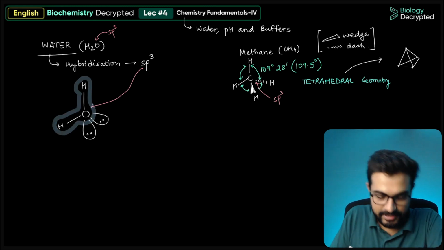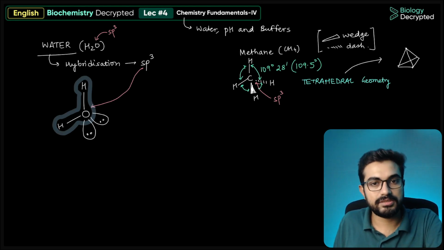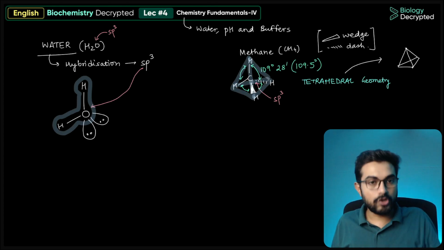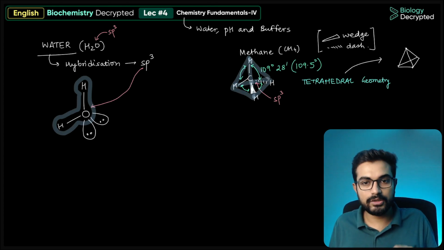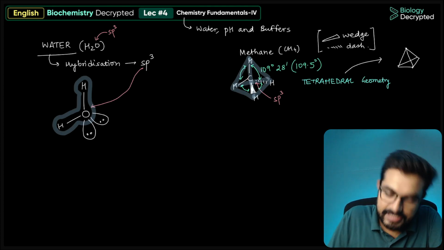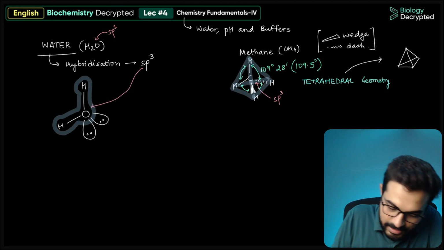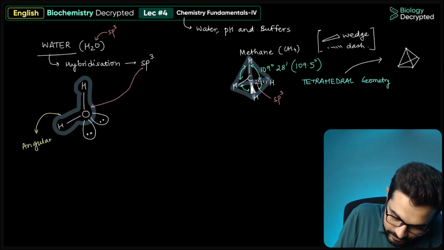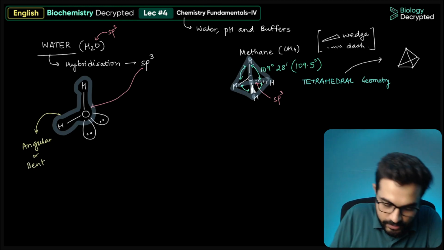This is the actual structure. In the earlier case it was a tetrahedron, but here it is not a tetrahedron because we don't consider lone pairs to be a part of the geometry. What we see here is that the geometry can be called angular, or we can say it is a bent structure.